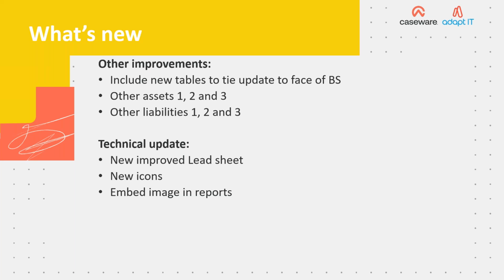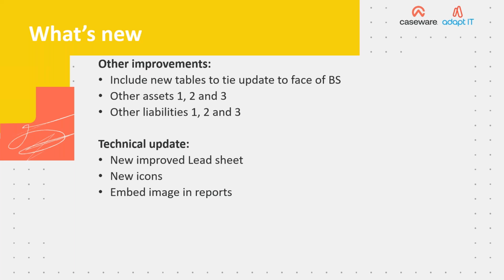Then from a technical point of view, we implemented a very big change. We've done a revamp of all the lead sheets in all our products, which gives a better structure to our lead sheets.